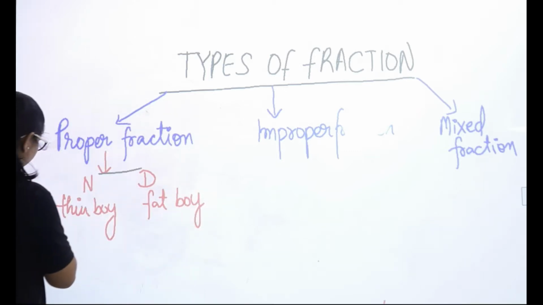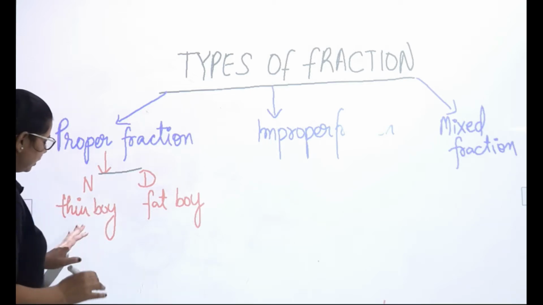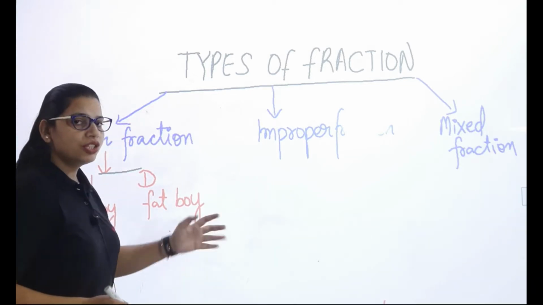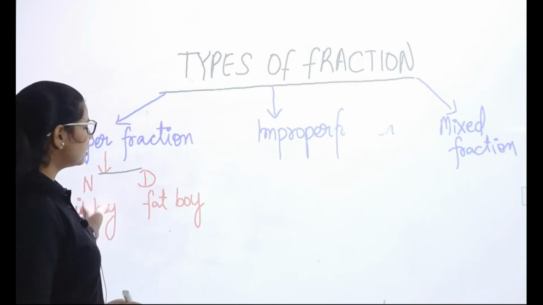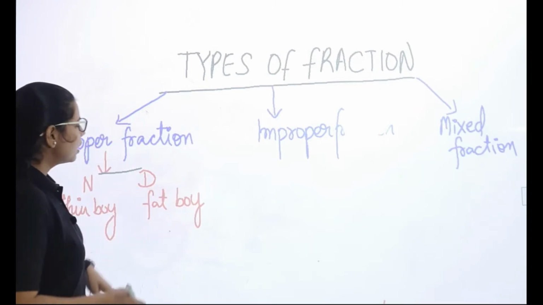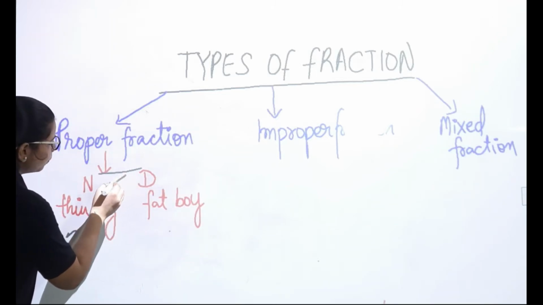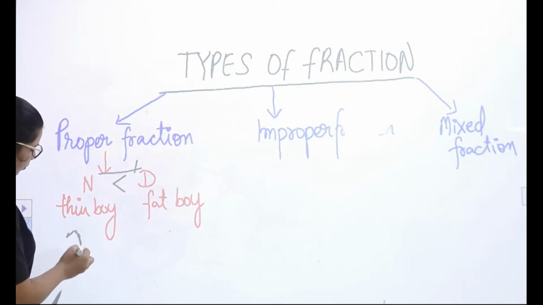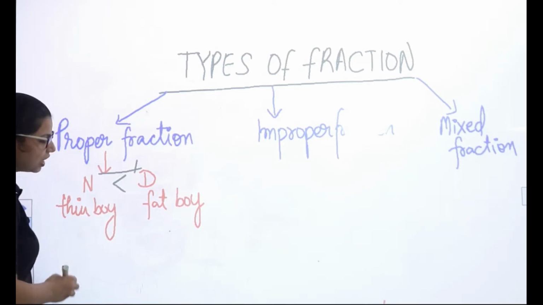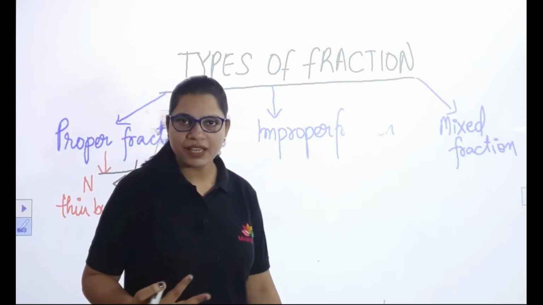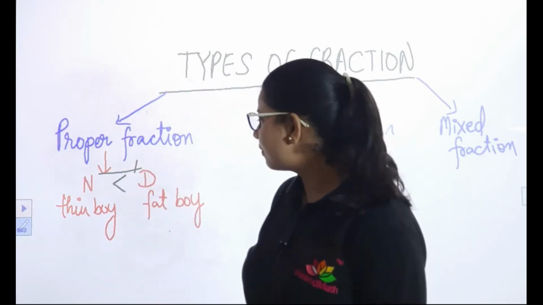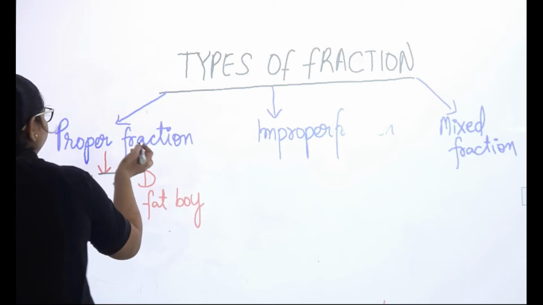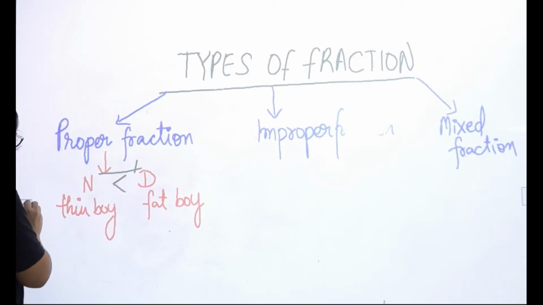Denominator is the downwards number, numerator is the upper number. So the denominator will always be greater than the numerator. Undoubtedly, the fat boy will always be heavier than the thin boy, right?